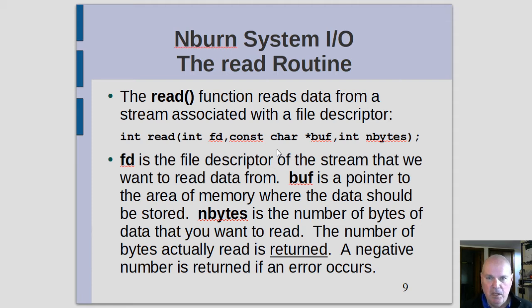So this could be the start of an array. It has to be large enough to hold the number of bytes you want to read, and then n bytes is actually the number of bytes that you want to read. You need to make sure that that's equal to or smaller than the amount of memory you set aside here. Again, you don't really know how many bytes are being sent across.